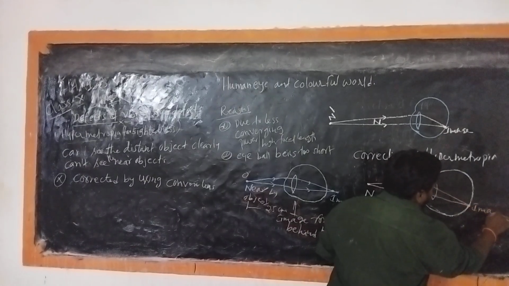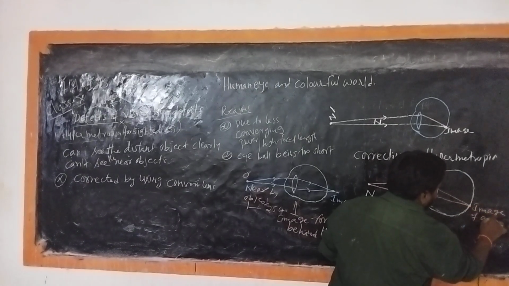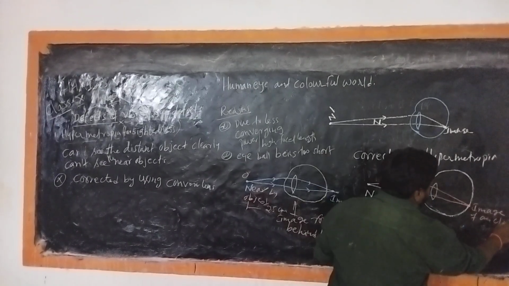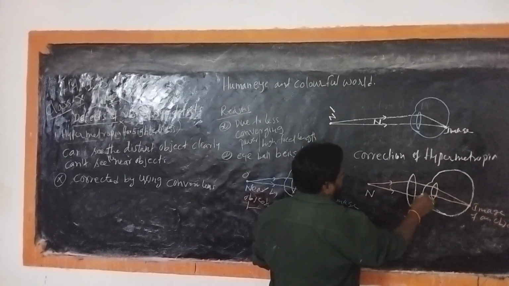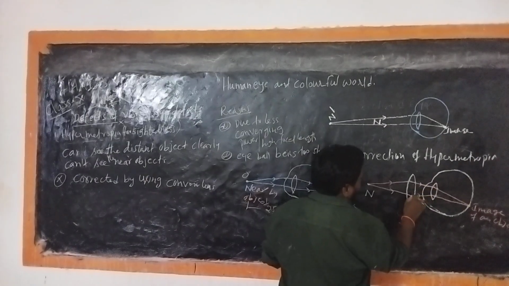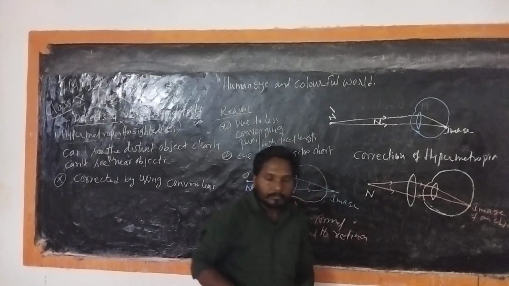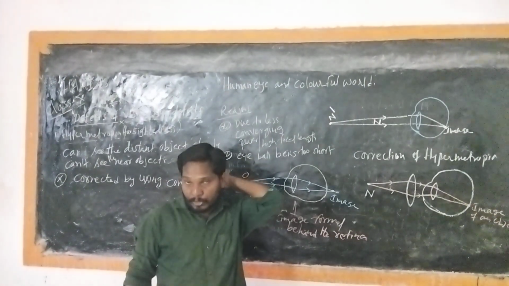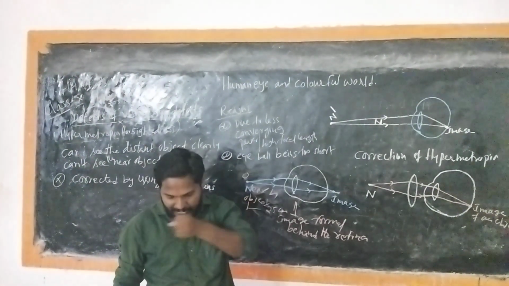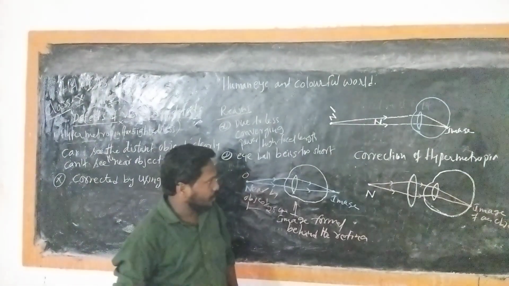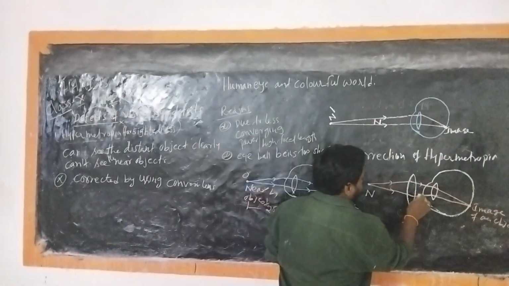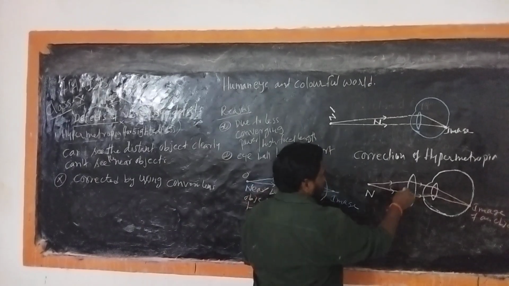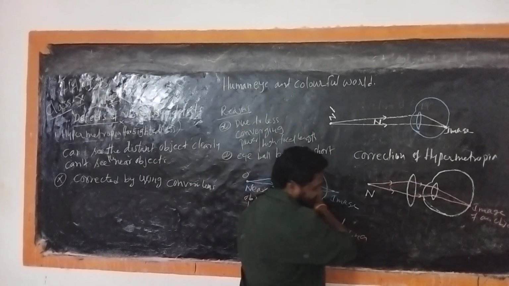So here the image of an object is formed. As we know, the convex lens also forms a virtual image.